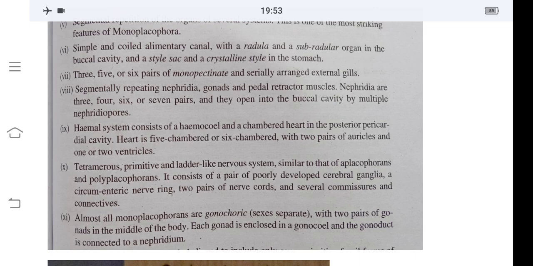It consists of a pair of poorly developed cerebral ganglia, a circumenteric nerve ring, 2 pairs of nerve cords and several commissures and connectives. Almost all monoplacophorans are gonochoric, that is, sexes are separate, with 2 pairs of gonads in the middle of the body. Each gonad is enclosed in a gonocoel and the gonoduct is connected to a nephridium.